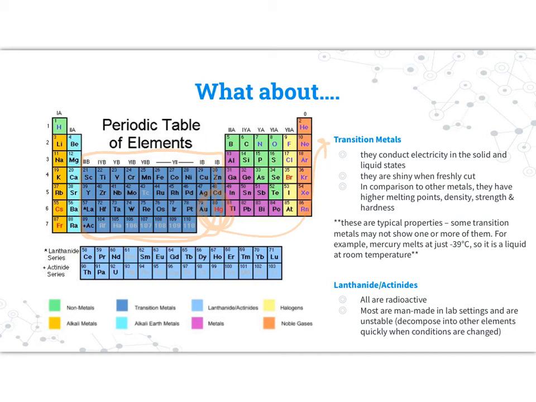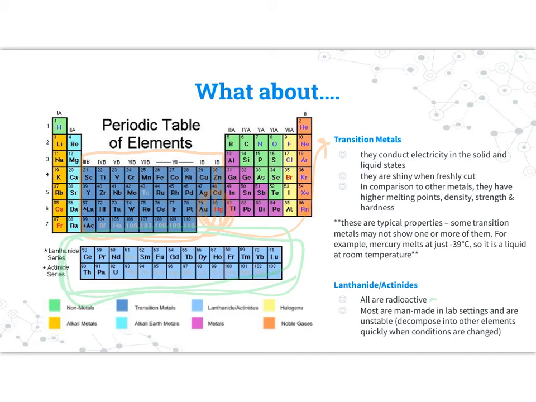The other part of our periodic table is the lanthanide and actinides. Okay, so we get these guys at the bottom, and these are all radioactive, and most of them are man-made in lab settings. So they're either made under really high temperatures and pressure conditions, or really low.